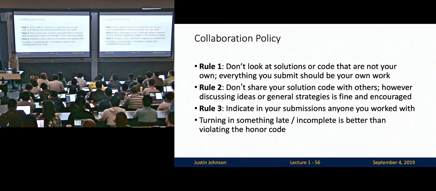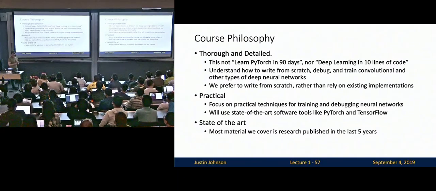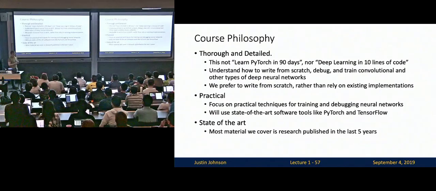Okay. So then, course philosophy. What are we here for, right? Our idea is that this class is not learn PyTorch in 90 days. This class is not learn deep learning in 10 lines of Python. You can find tutorials on the internet that tell you how to do that if that's what you want. But I think that learning about deep learning in that way does yourself a huge disservice.